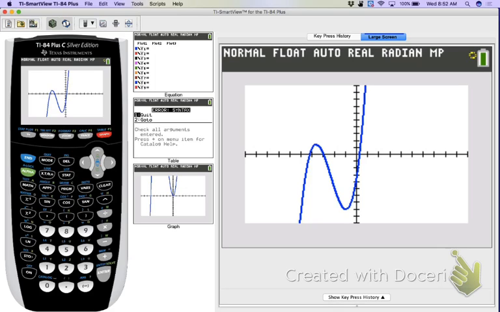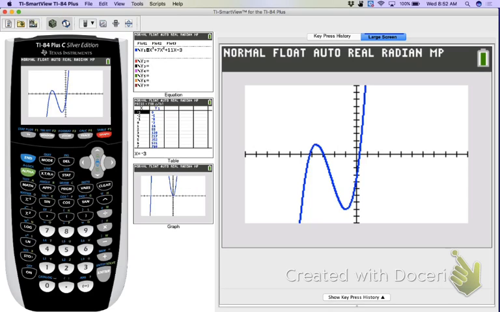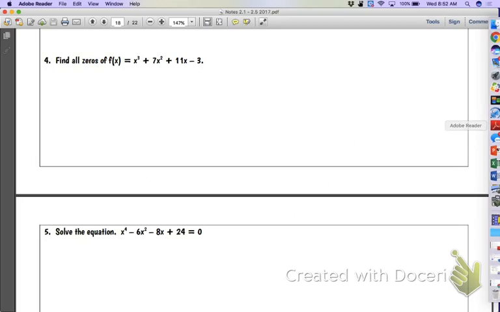Now, it crosses at 3 places, right? Of my rational zeros, if I would list everything out, what's the only one that I'm probably going to be able to try?